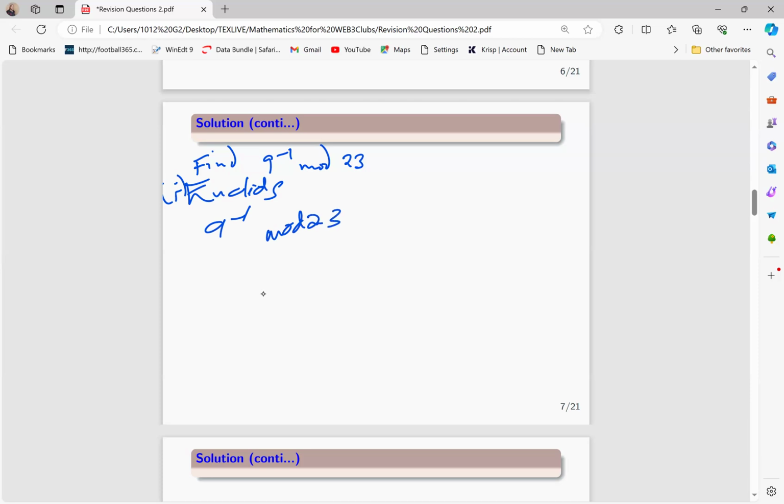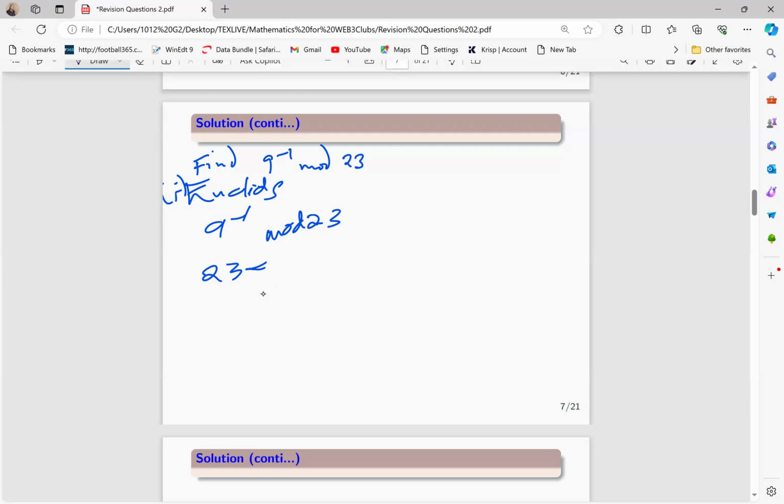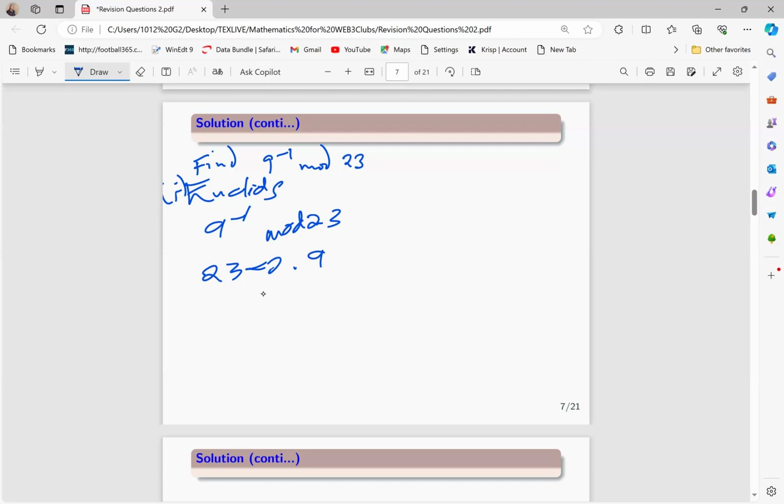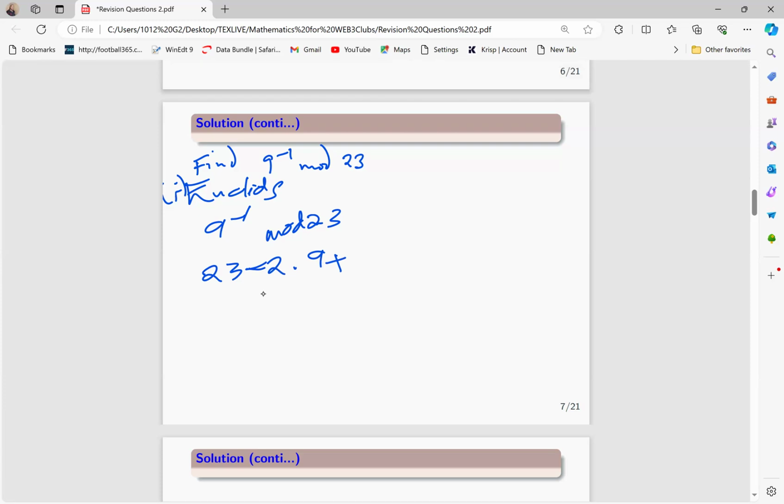You're supposed to see how many times 9 can go into 23. So you put 23 here, and 9 goes into 23 twice. So it's 9 times 2, plus the remainder, which is 5.